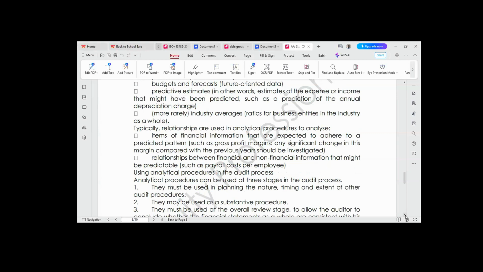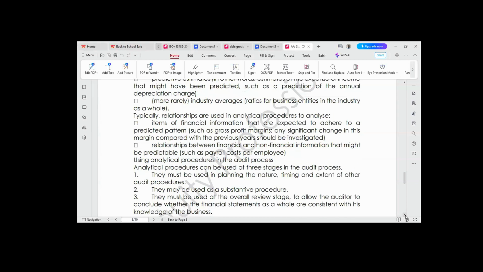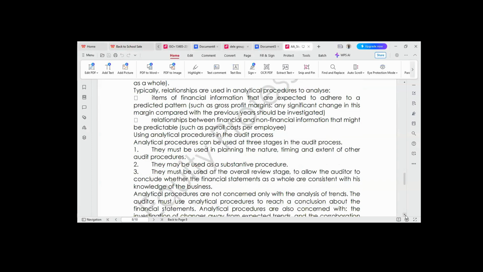Then it must be used at the overall review stage to allow the auditor to conclude whether the financial statements as a whole are consistent with the knowledge of the business. So when you are done with your engagement, you need to perform analytical review procedures to establish that the information contained in the financial statements can be relied upon. Why? Because they are consistent.